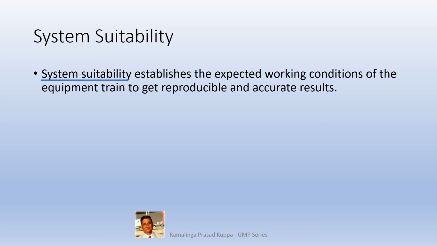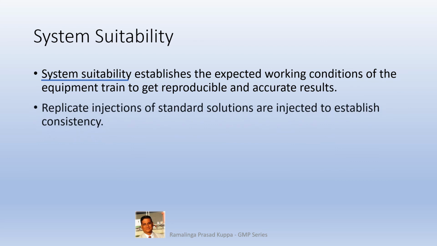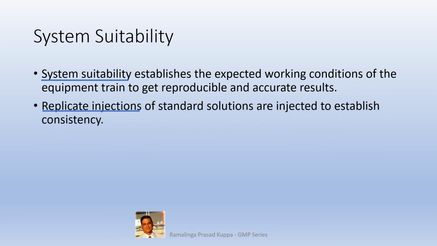Most of the parameters discussed in earlier slides are part of system suitability. These tests are designed based on the concept that the equipment, electronics, and analytical operations constitute an integral part of the system. Replicate injections of standard solutions are injected to establish consistency.